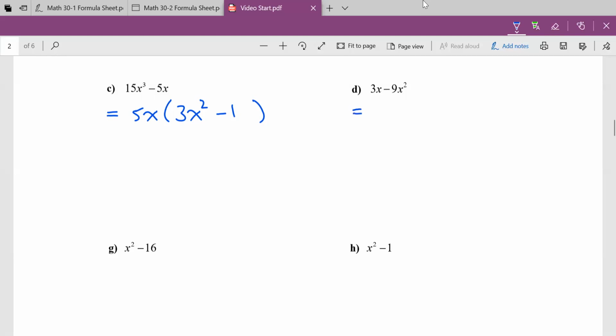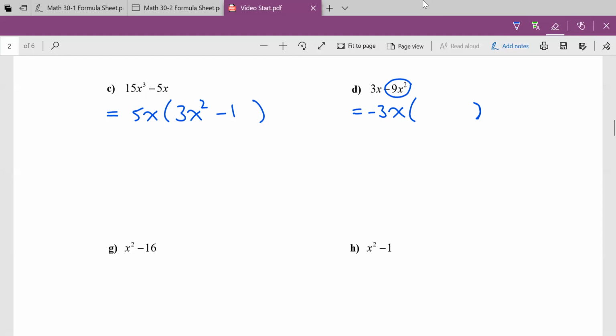D, greatest common factor of 3 and 9. Well, 3, but I'm actually going to say negative 3 here, and then x. Why would I say negative 3? Well, what I want to do, and we're going to do a lot in this unit, is notice that the x squared, which is my highest exponent, is negative, and I don't like that.